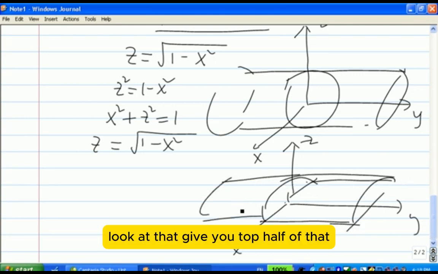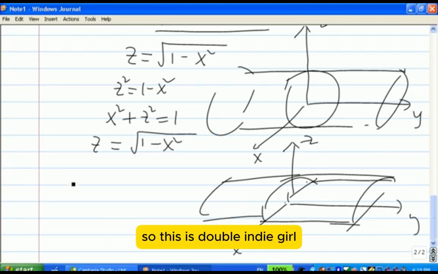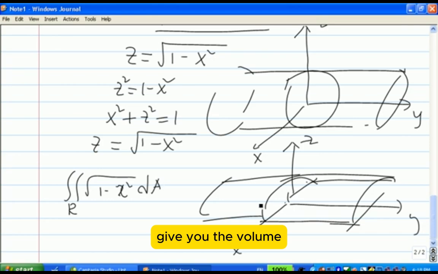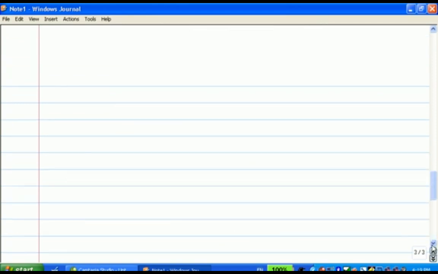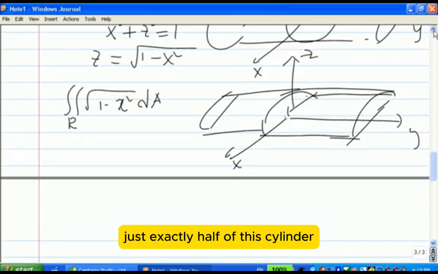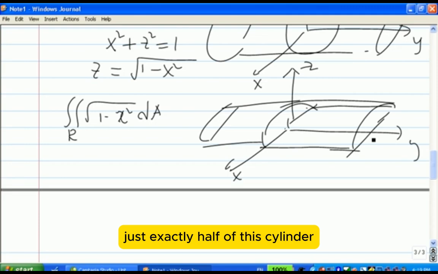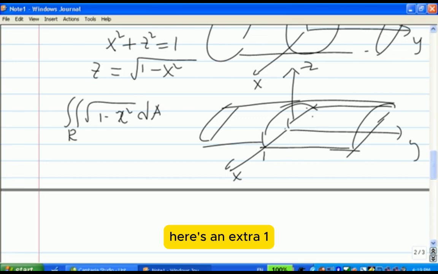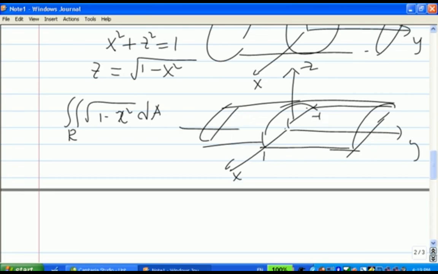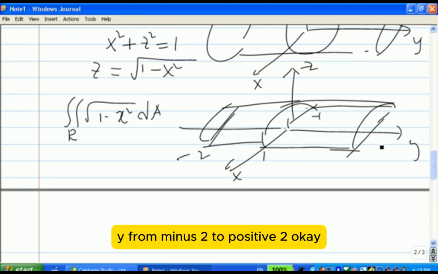So this double integral gives you the volume under this surface, which we know is exactly half of this cylinder, restricted here where x is 1, here is -1, and we're talking about just a portion of that, y from -2 to +2.